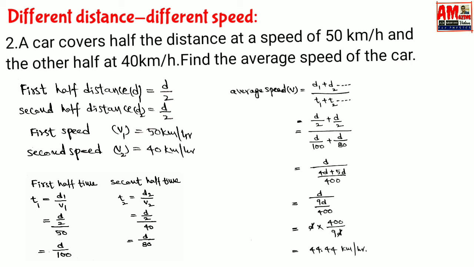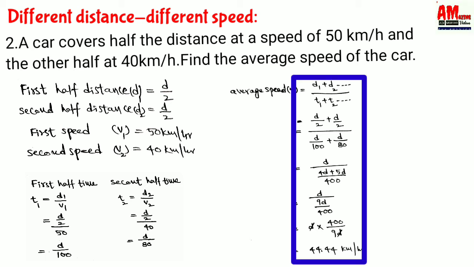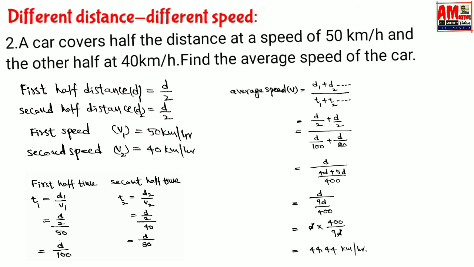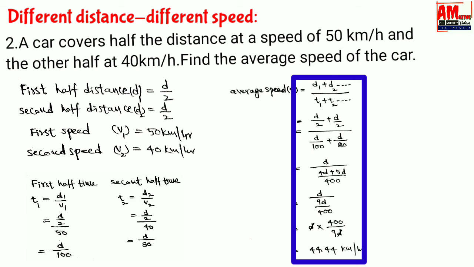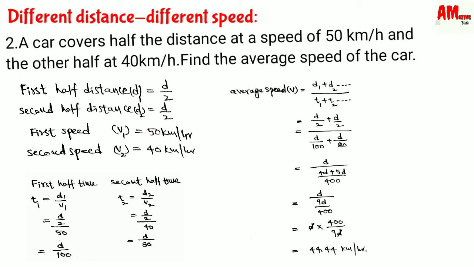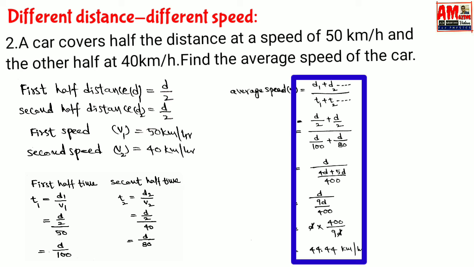Then average speed v is equal to d1 plus d2 by t1 plus t2. We already know the d values and t values. Substitute the values in the above formula. It is equal to d by 2 plus d by 2 by d by 100 plus d by 80. The LCM for 100 and 80 is 400.